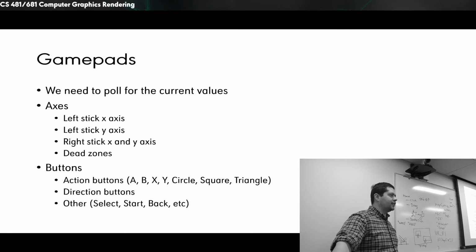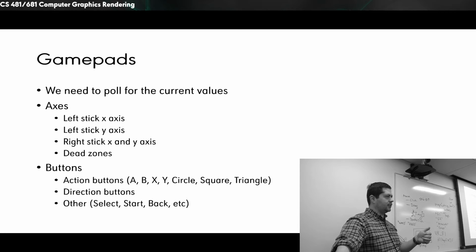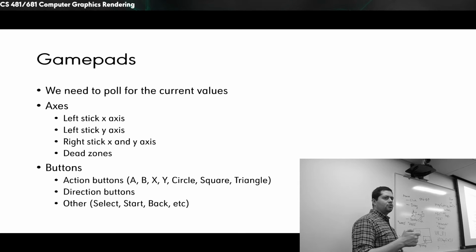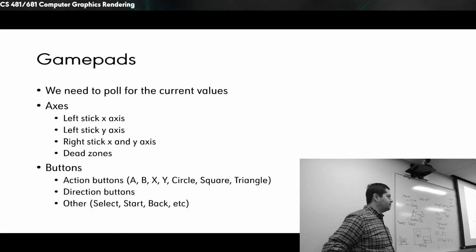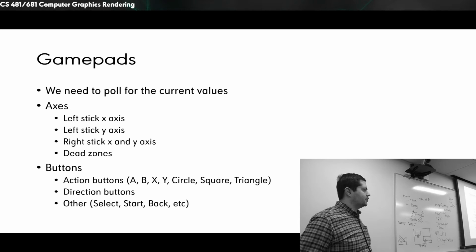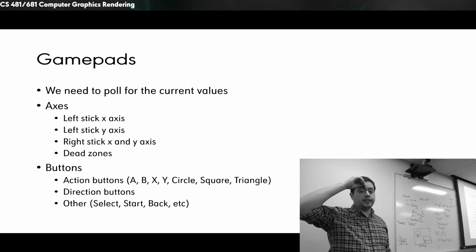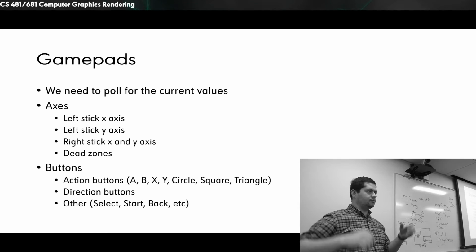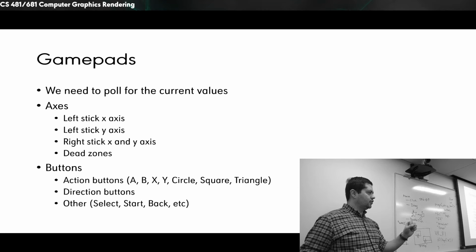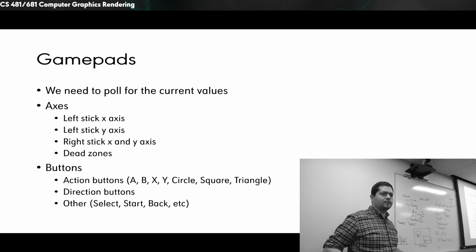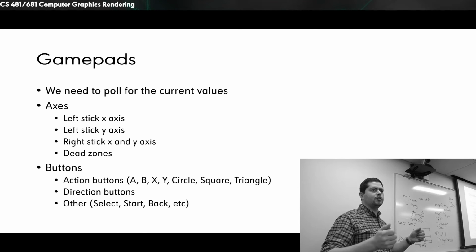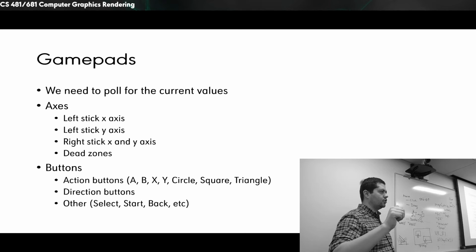Gamepads, though, are more complicated than they used to be. Normally you'll have a left stick for the left thumb and a right thumb controller. If you have joysticks, those are going to act differently. Normally, the left stick on your controller is considered basically axis number one. You can buy some advanced joysticks that have even more axes associated with them, different analog controllers.